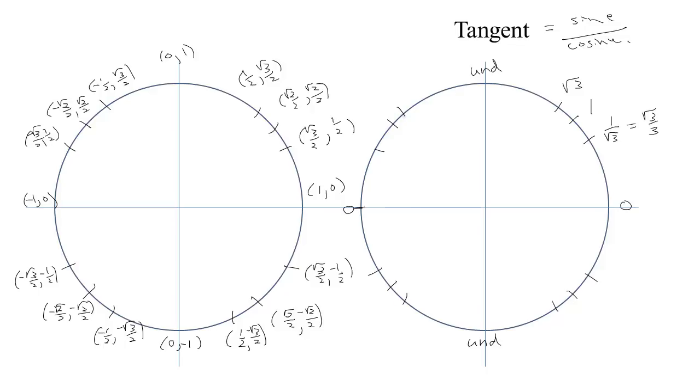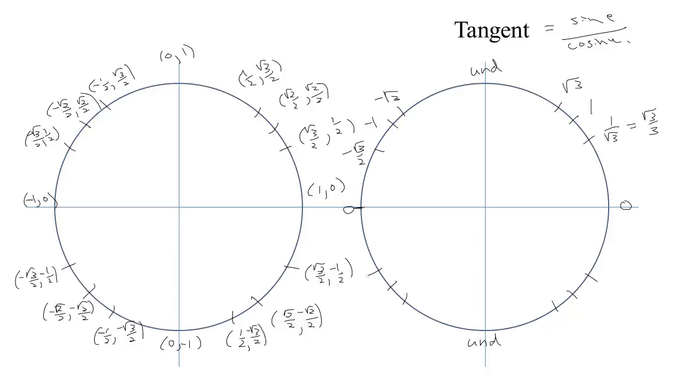Okay. And we're going to get similar stuff over here as well, only in this region the sine and cosine have similar values. It's just that the cosine is negative, so the tangent is a positive divided by negative. That makes it negative. So we get negative root 3, negative 1, and negative root 3 over 3. Over here, though, the tangent's positive because the sine and cosine are both negative.